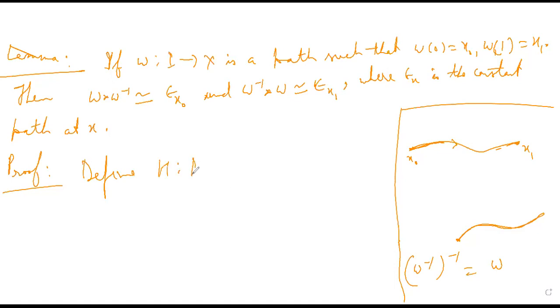h from I cross I to x by h of t, t prime equal to... so this is x naught.